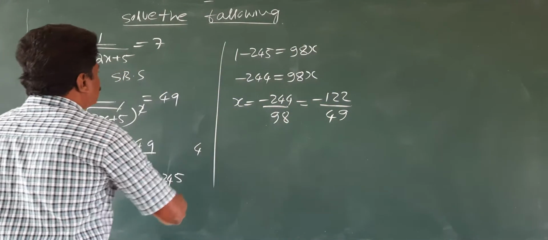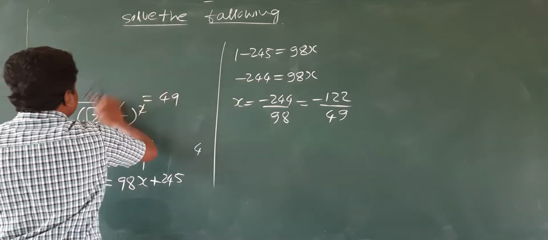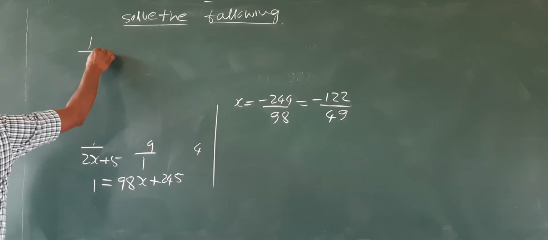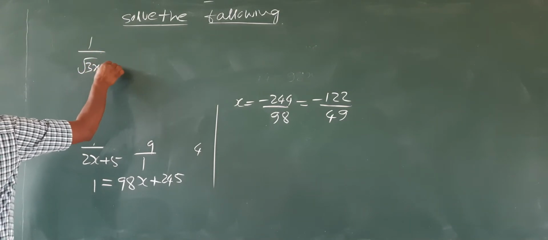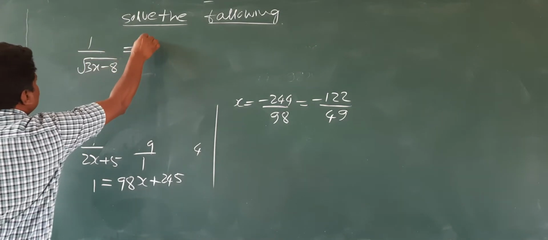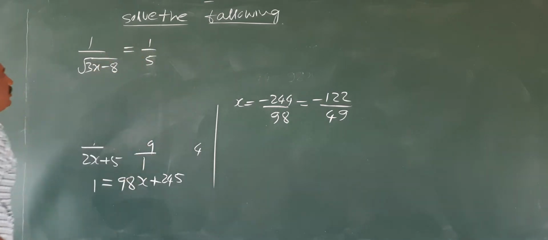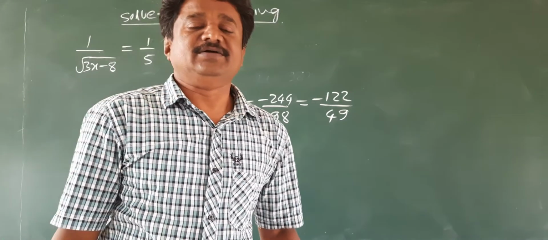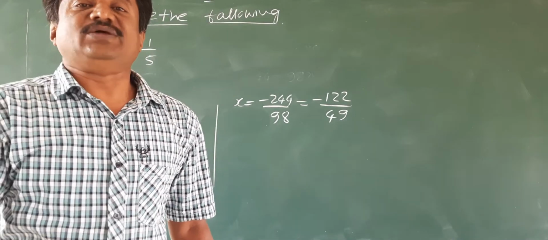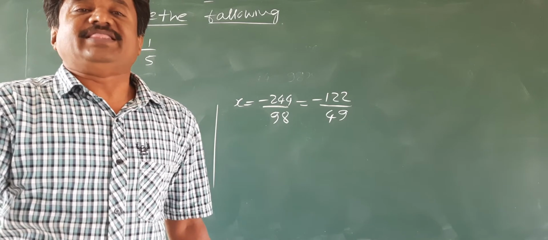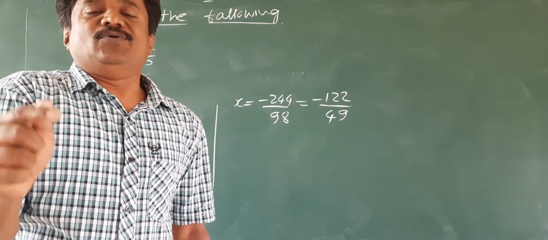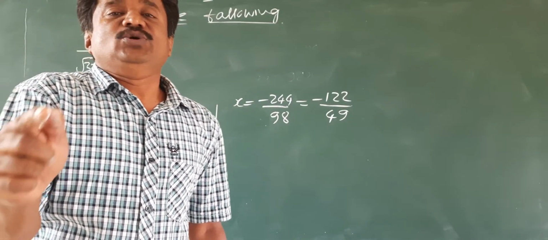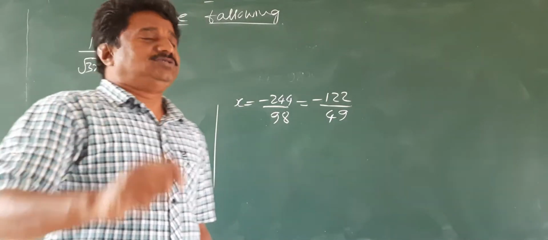Let us go for solving one more question of the same type. Next question is 1 by root of 3x minus 8 is equal to 1 by 5. Since root is appearing again, whenever we see a square root, we think of eliminating the root first, which is possible using squaring both sides.